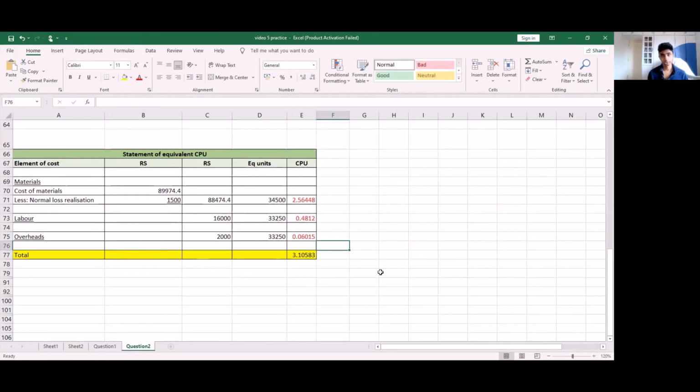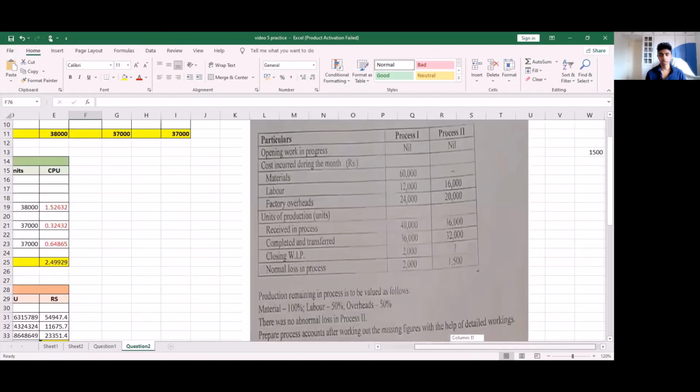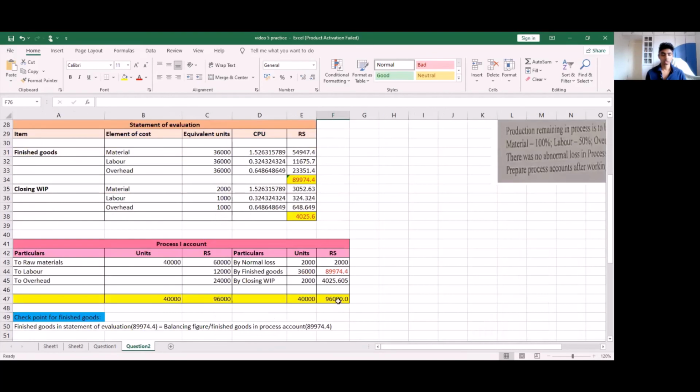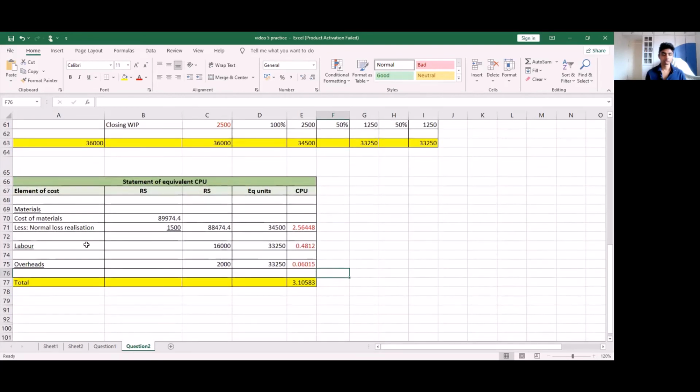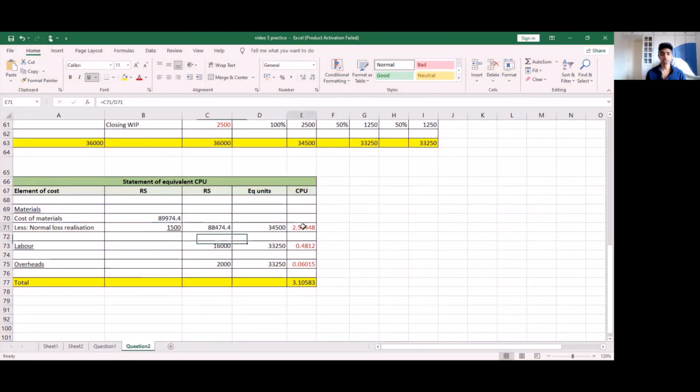So we total this to find the total cost per unit. Here, I'm once again going to mention that in our weighted average method, in this question we don't have an opening work in progress, or opening work in progress is nil. But in case we have an opening work in progress like our previous question, then we will write opening materials, opening labor, and opening overheads in our statement of equivalent production. And these opening costs will add to the total cost of materials, labor, and overheads while calculating cost per unit.